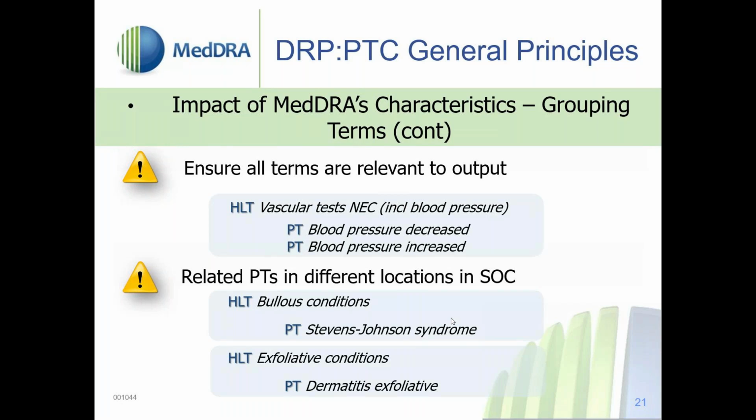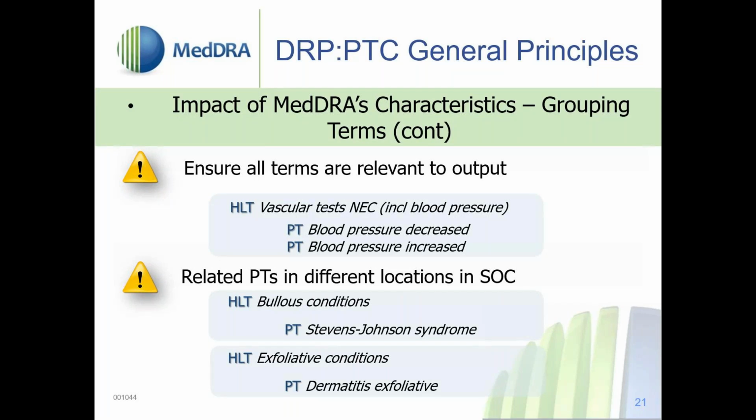And yes, the bullous conditions are good candidates, but Stevens-Johnson syndrome is also described as an exfoliative condition. And if just looking at the HLT bullous conditions, you might miss all the relevant PTs under the HLT exfoliative conditions. And you might miss relevant cases.